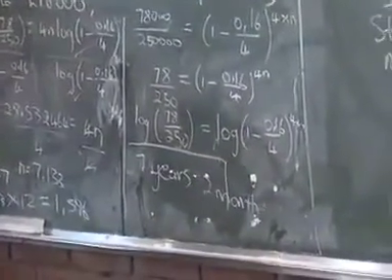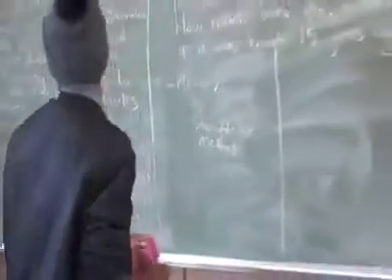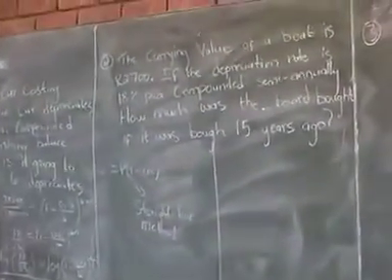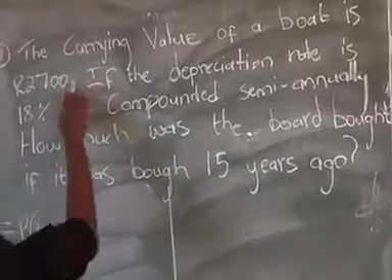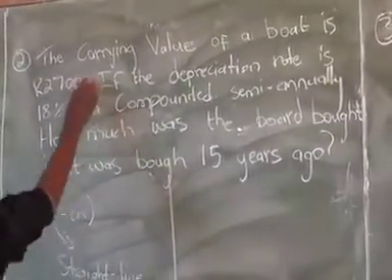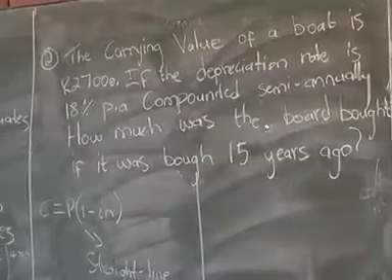So I'm just going to move to another question. This one reads as follows. It says the carrying value of a boat is 27, it's supposed to be 27,000, I'm sorry. So the carrying value of a boat is 27,000.